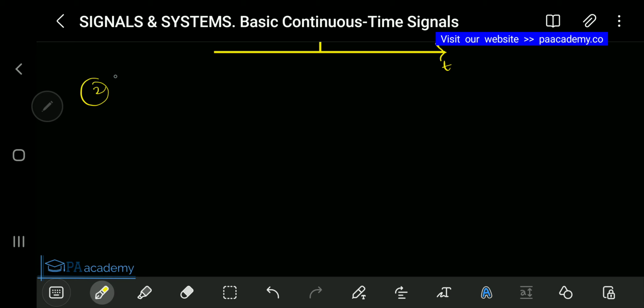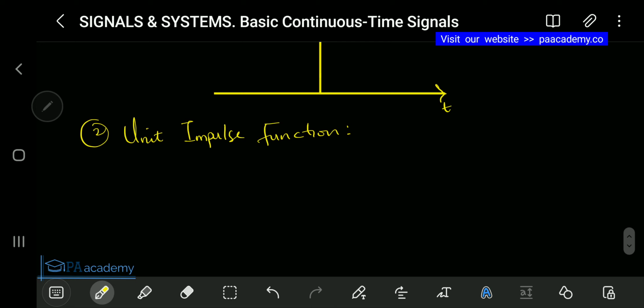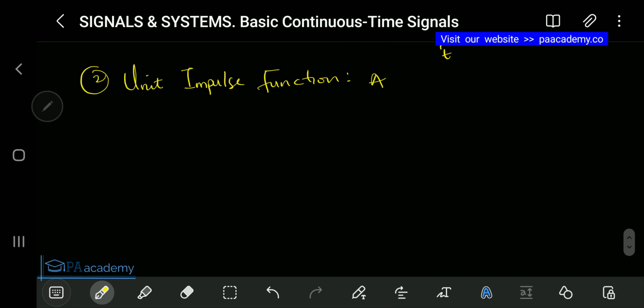Also, the second one, which is the unit impulse function. Alright, so for the unit impulse function, it is also called the Dirac delta function.